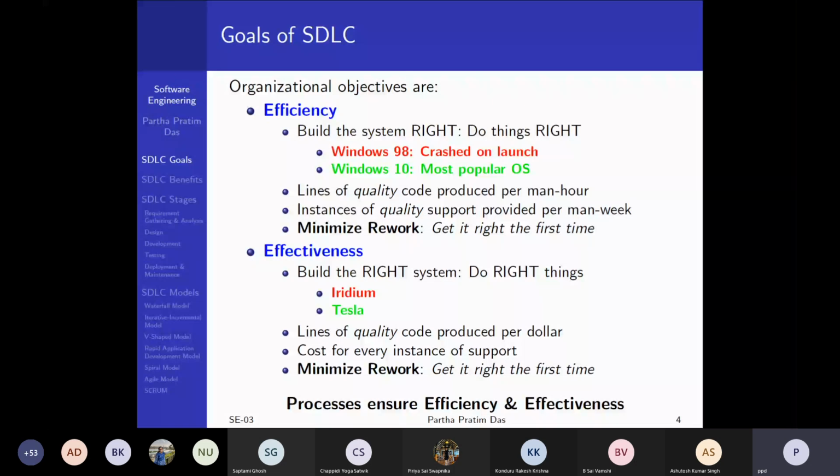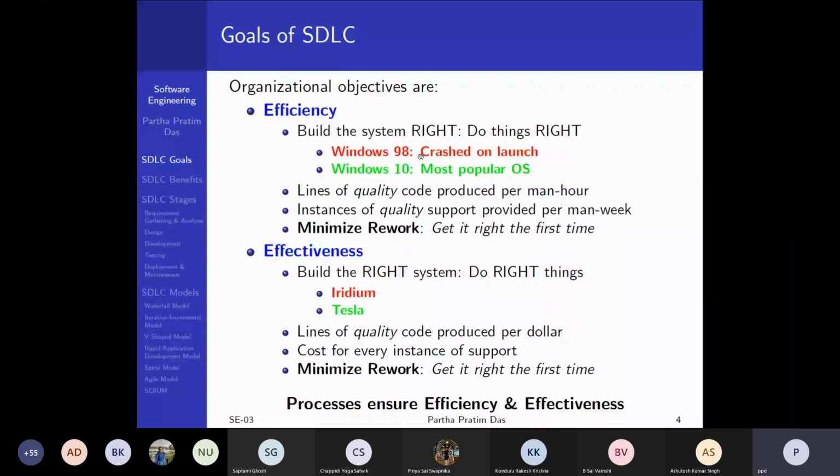An international press conference was called, where the then CEO Bill Gates was to launch it. And the unfortunate fact is, when he started the machine and started the launch, Windows 98 crashed. That created a lot of bad feeling about the company and about the stability of Windows as a base. Microsoft had to spend hundreds of millions to recover from that. So that is an example of not building a system right.